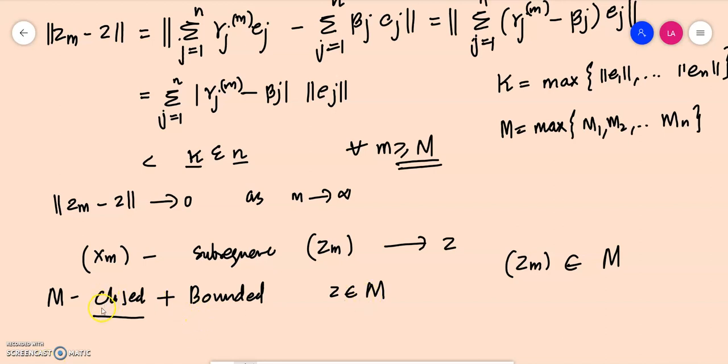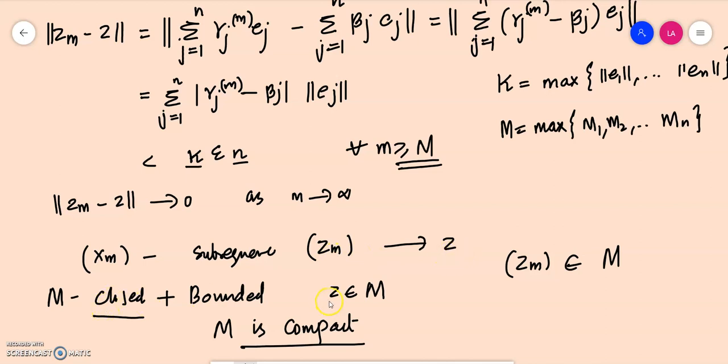Now from that we can conclude that M is compact, because we have assumed that M is closed and bounded. In order to prove that M is compact, we have to take any arbitrary sequence xm, and for a subsequence zm of xm, we have to prove that zm converges in M. So we have taken any arbitrary sequence xm and found a subsequence zm of xm, and we have proved that zm converges to z.